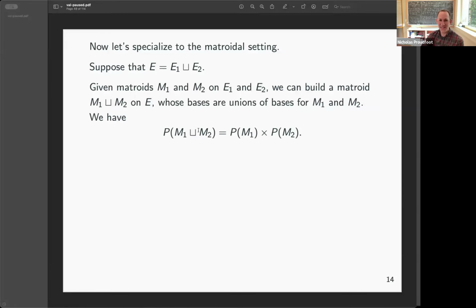You might know it as the direct sum. The bases are just unions of bases for M1 and M2. So a basis for M1 disjoint union M2 is a basis for M1 disjoint union a basis for M2. And the polytope for this disjoint union is just the product of the polytopes for M1 and M2.